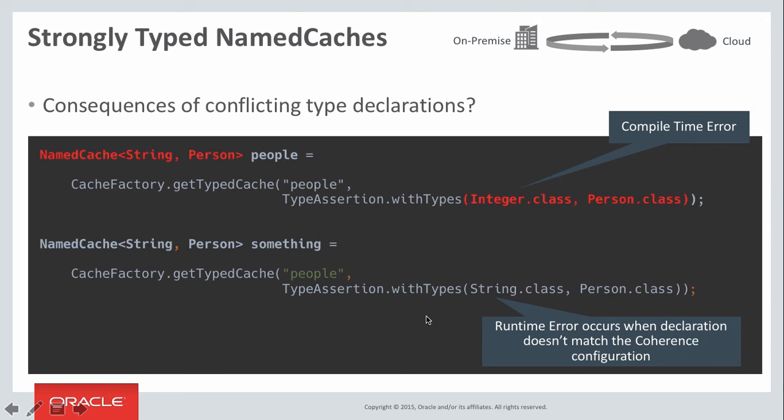However, let's say that they are assignable, but our configuration doesn't match. Well, in this case, Coherence will actually throw a runtime error. And this prevents you from putting invalid types in this cache. Now, of course, you can probably circumvent this if you're familiar with generics and the type system, but it's pretty hard now to actually make these sorts of mistakes.